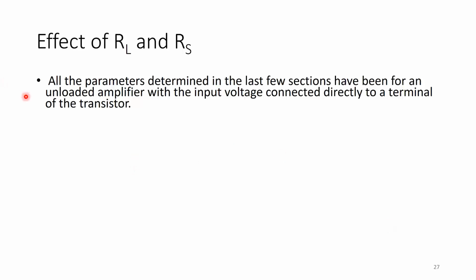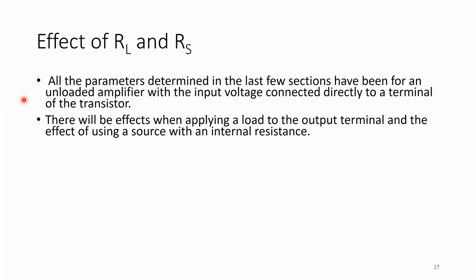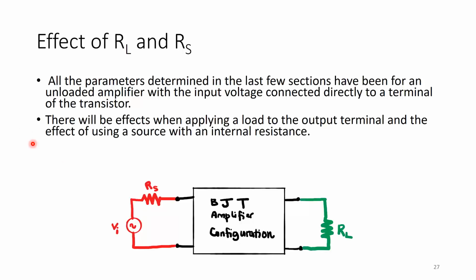We talked about input impedance and output impedance, but we did not consider any load resistance connected to the output port. So we have been considering an unloaded amplifier with the input voltage connected directly to a terminal of the transistor, without considering source resistance as well. So there will be effects when we apply a load to the output terminal and when we use a source with internal resistance.